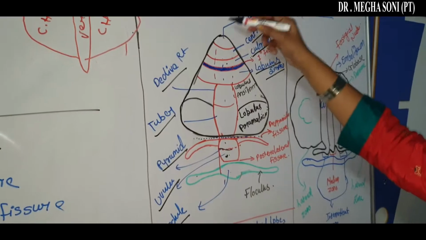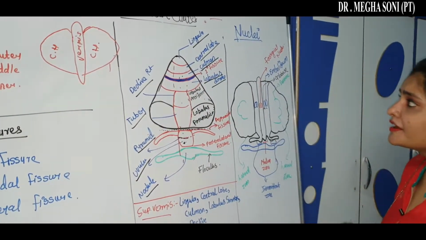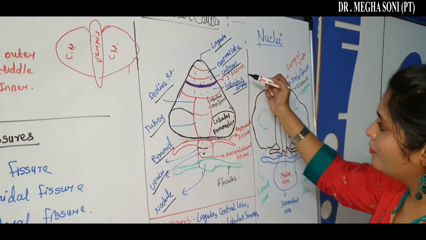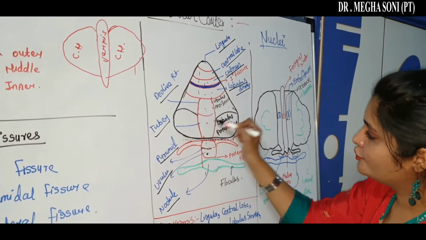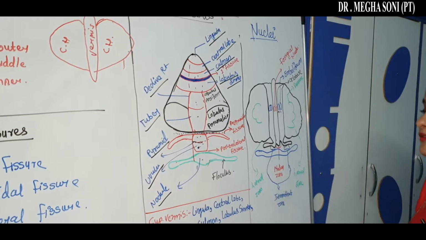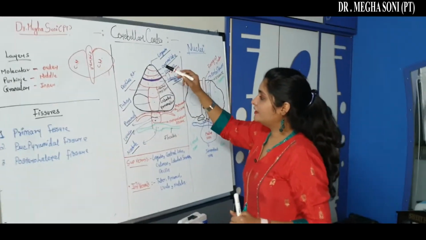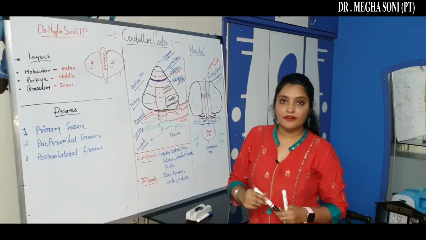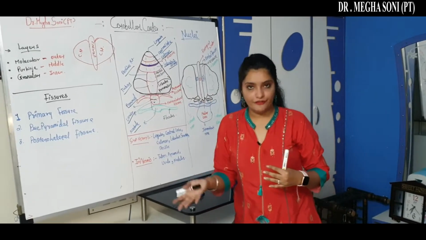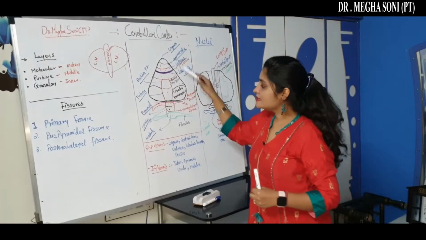As the vermis is very large structure, it is divided into different parts: lingula, central lobe, culmen, lobulus simplex, declive, tuber, pyramid, uvula and nodule. It is very important to remember this name of this structure. Why? Because the functions of this structure are different. Fine. So it is important to remember the name of this structure.